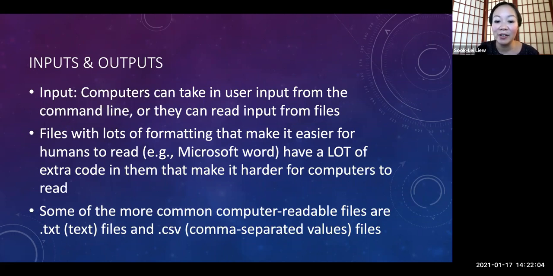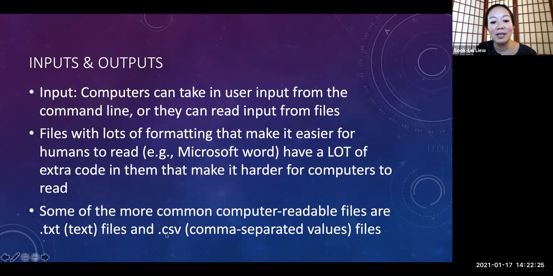On the other hand, there are file types that are really stripped down that we don't use that often when we're sending things to other humans, because they're not as easy to format or read. These are things like .txt files, which are text files, and .csv files, which are comma-separated value files.